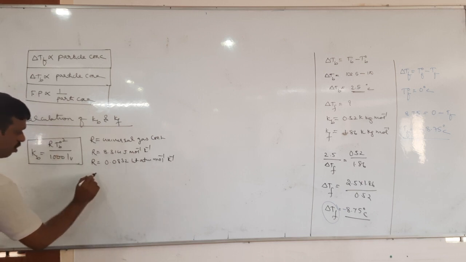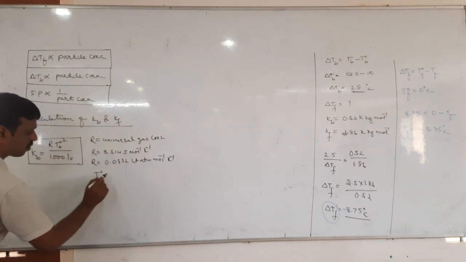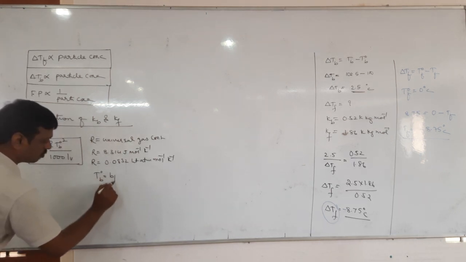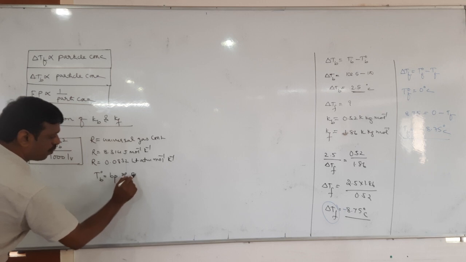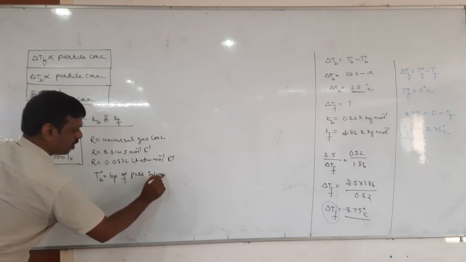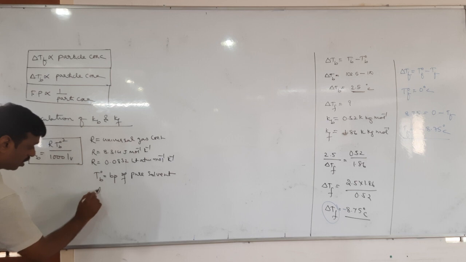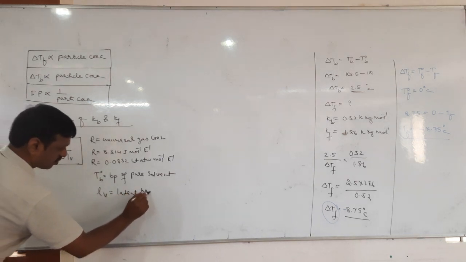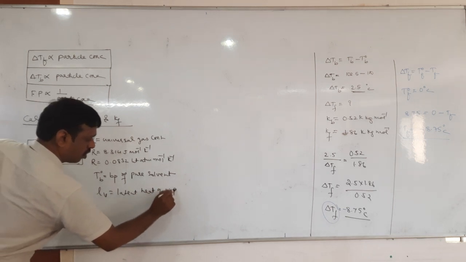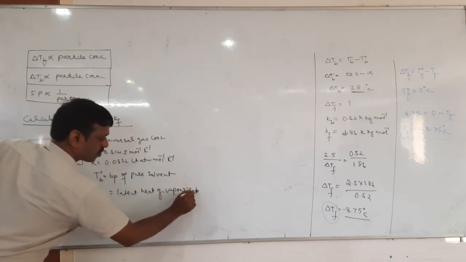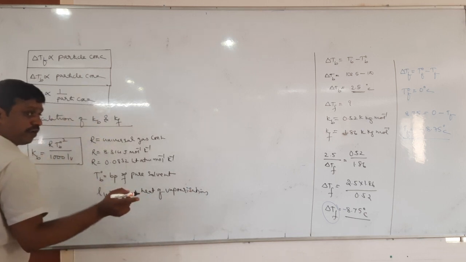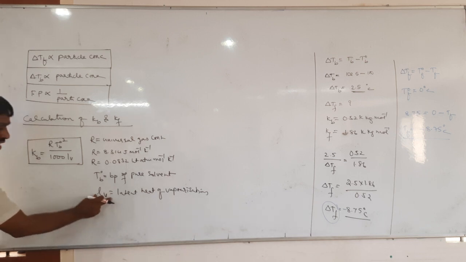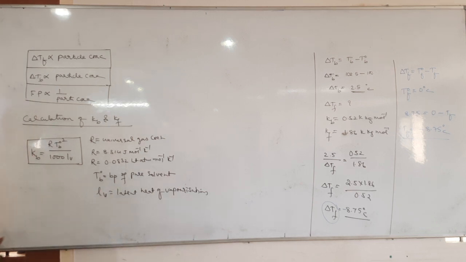Okay. Next, what about T naught B? T naught B is the boiling point of pure water, no? Boiling point of pure water or pure solvent. And LV, LV is important. It is the latent heat of vaporization. So latent heat of vaporization will be different for different solvents, no? Since LV is different, KB will be different.